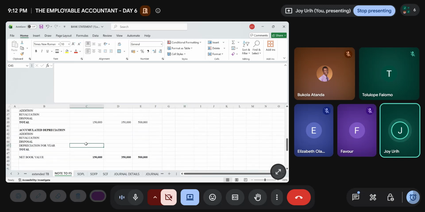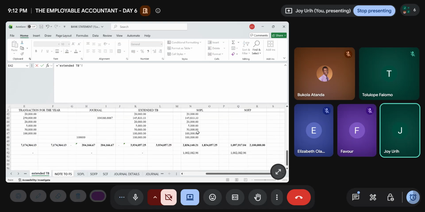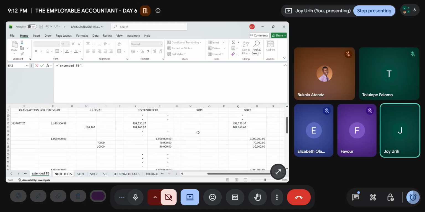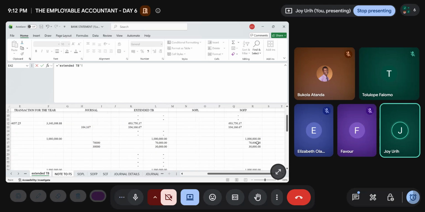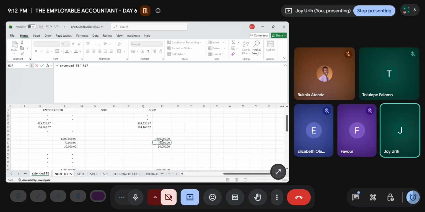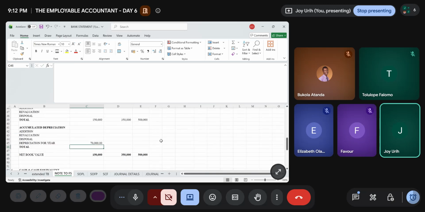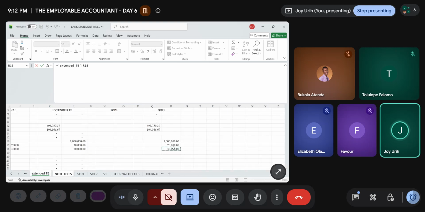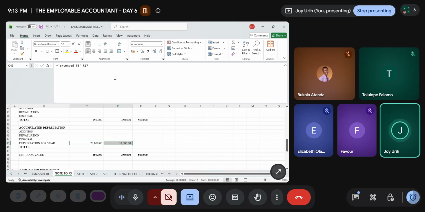Those figures will come under depreciation charge for the year. So I'll pick them from my extended TB. This is furniture and fittings. Why this is operating expenses. So at the end of the day, I should have a total.